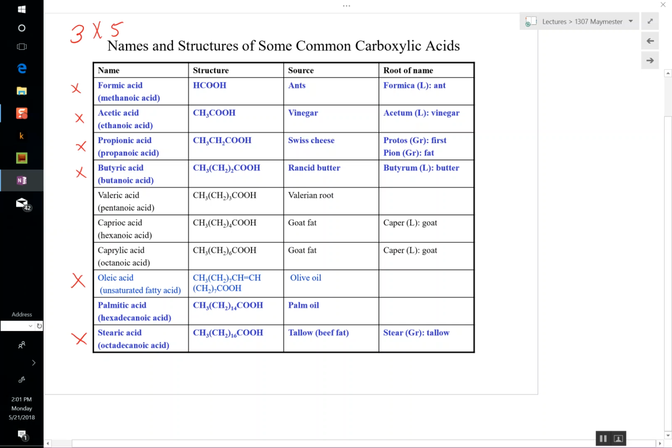Okay, just 1 carbon. The top one there has just 1 carbon. So this is kind of what it looks like. That's formic acid. It's got a COOH, a carboxyl group, and that's only 3 bonds. So there needs to be something else, and the 4th thing is another hydrogen.